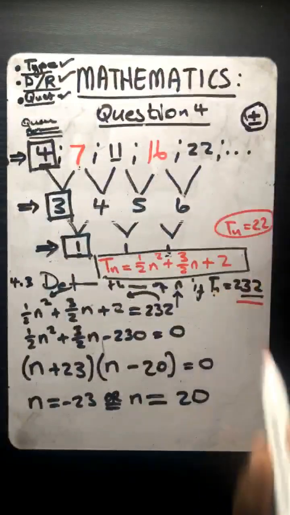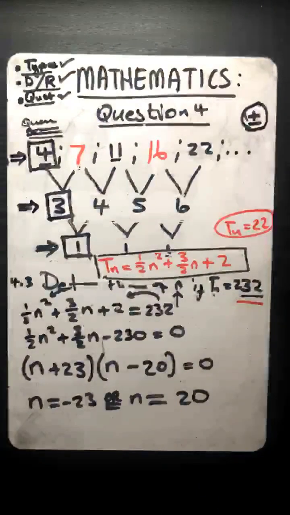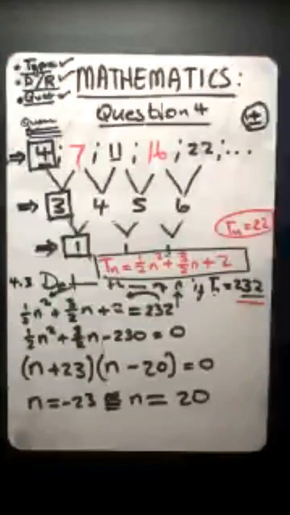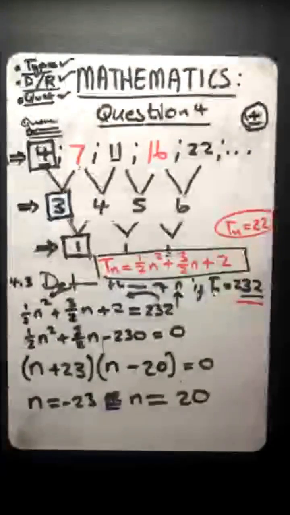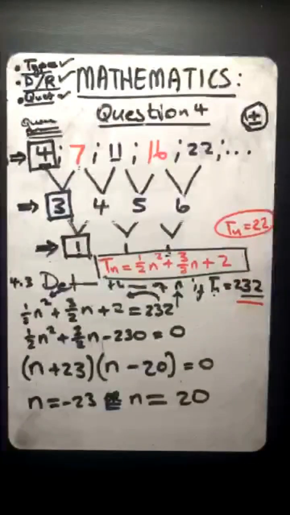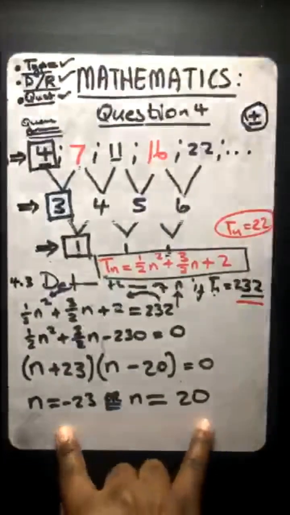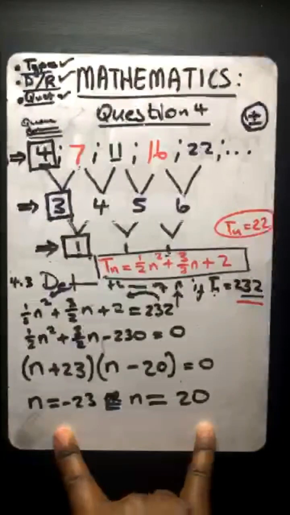Can someone tell me the value of n? It is 20. What did you say there? It is 20, and the reason behind it is because n cannot be a negative number, a fraction, or a decimal. Yes, that's correct, honorable member. You've actually answered my second question.